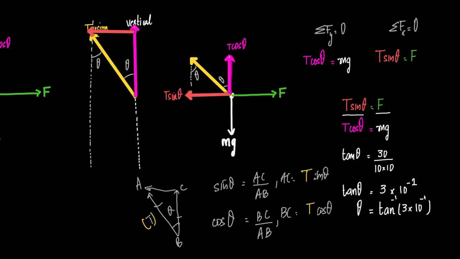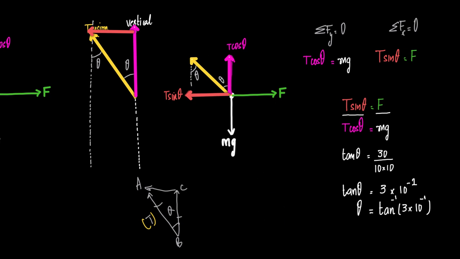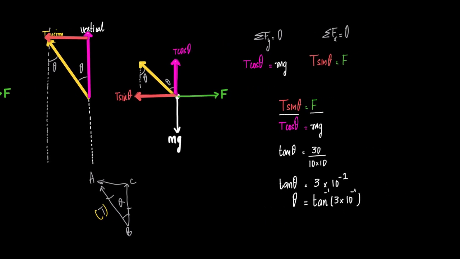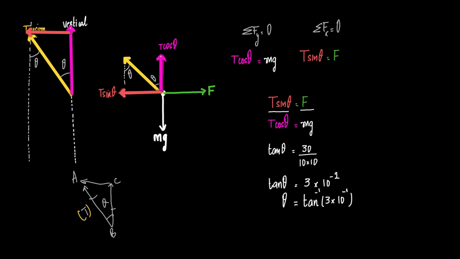I hope that makes sense. Right, so now we'll understand the equilibrium. How do we do that? If the body is in equilibrium, which it is in this case, sigma Fy should be equal to 0 and sigma Fx equal to 0.